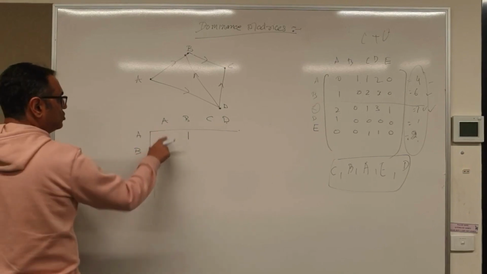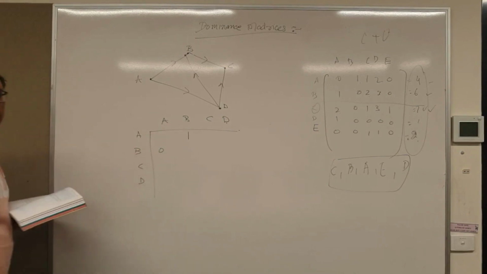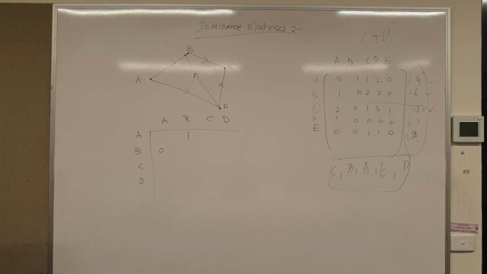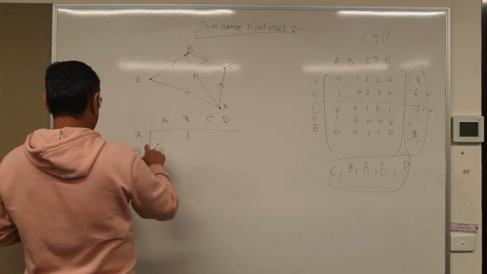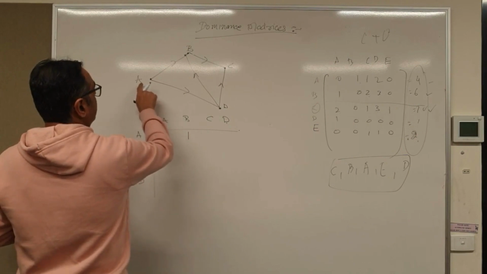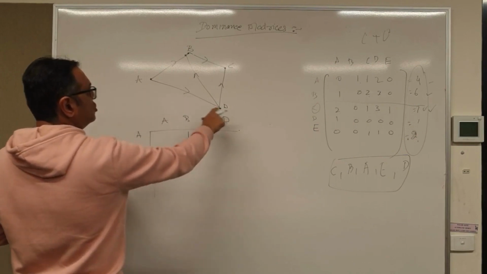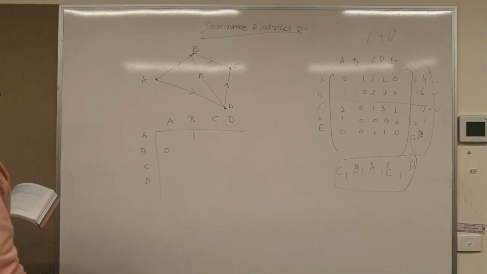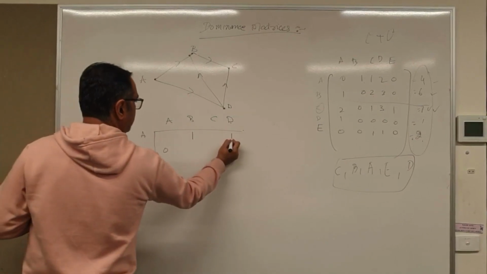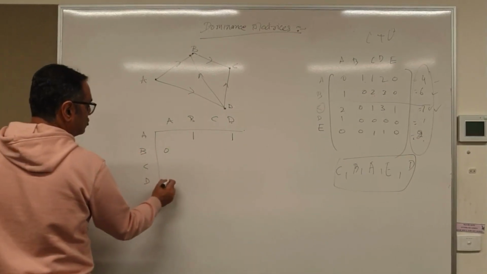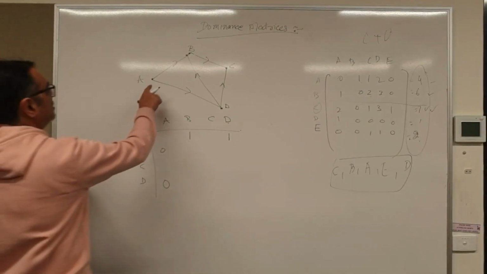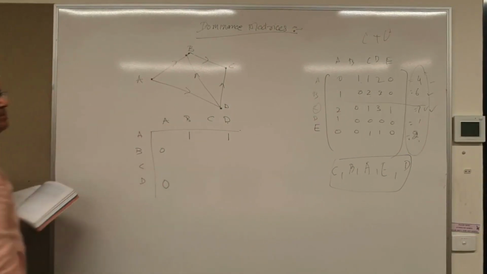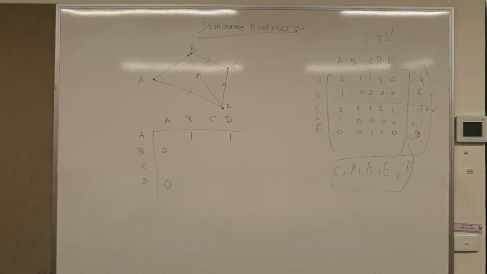So B was lost to A. Similarly, any more connections to A? A to D. So A defeated D and D was lost to A. So that represents these two links. All good?